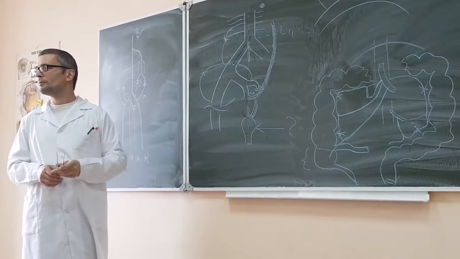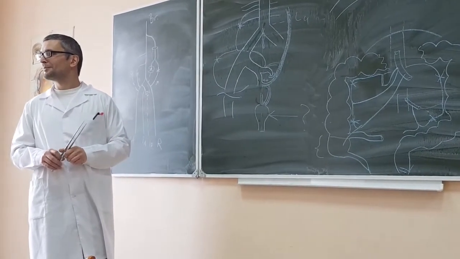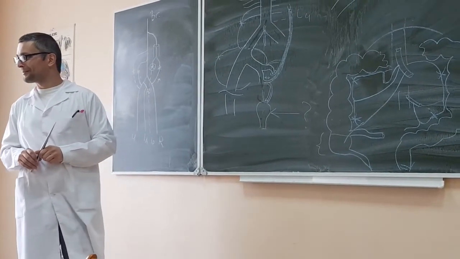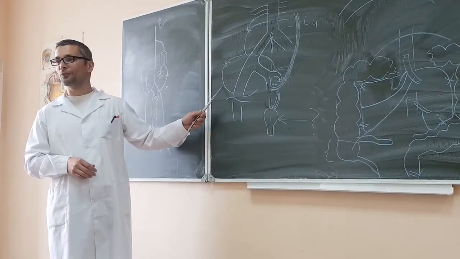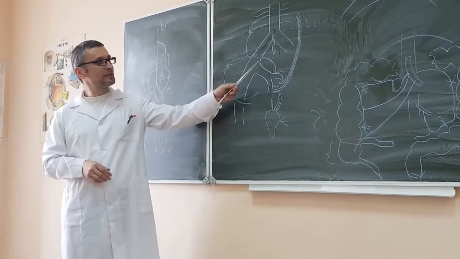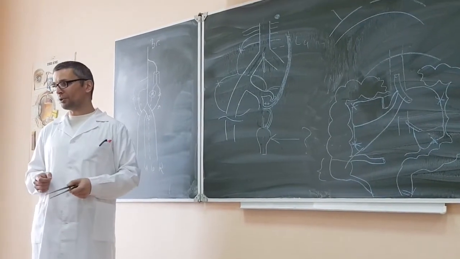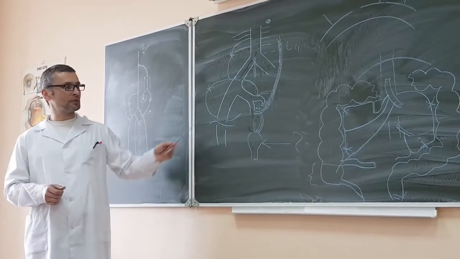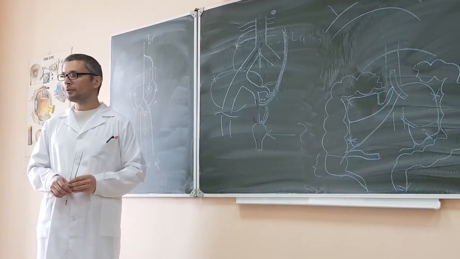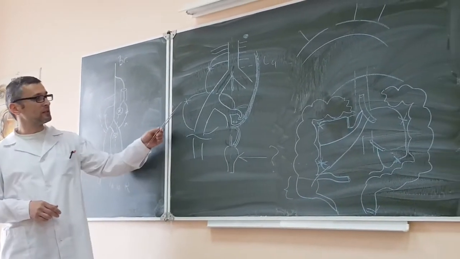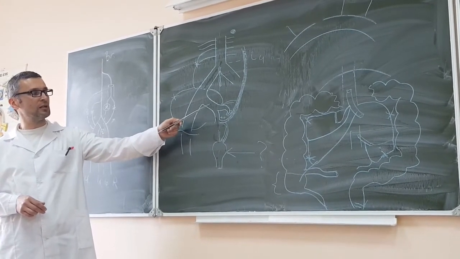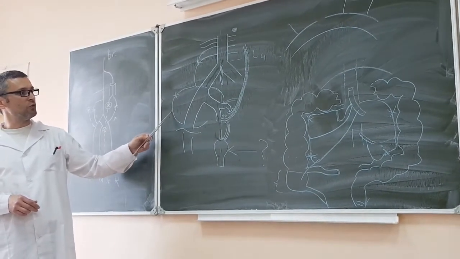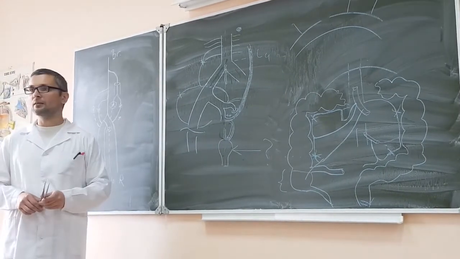I told you. Arteria circumflexa ilium profunda. Sorry, ilium profunda, you are right. And now I get this anastomosis, which is very important for collateral circulation of the lower extremity. This anastomosis is between arteria iliolumbalis from the posterior trunk of the internal iliac and circumflexa ilium profunda from the external iliac artery.